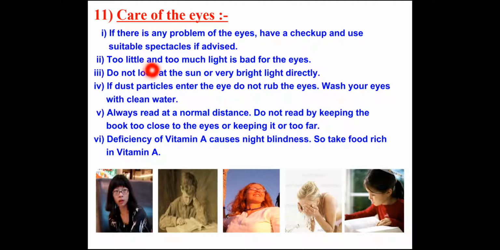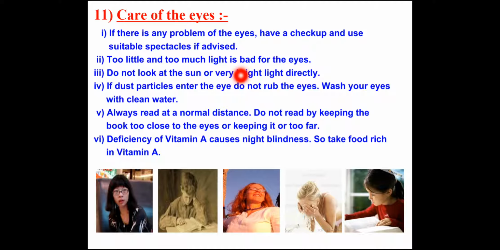Again, too little and too much light is bad for the eyes. We should not hold books or mobiles too close to our eyes, and too much light is also bad for our eyes.